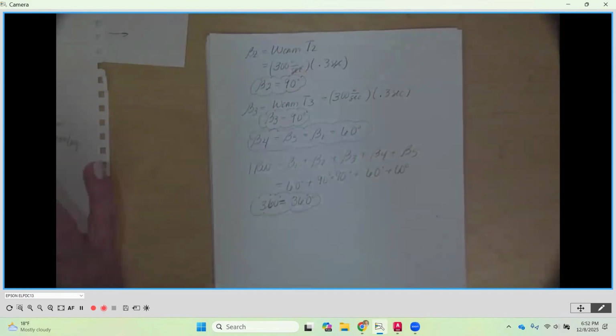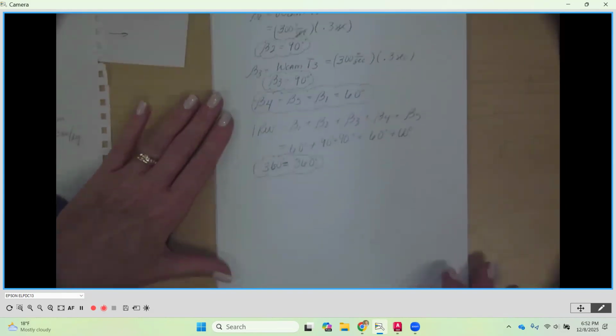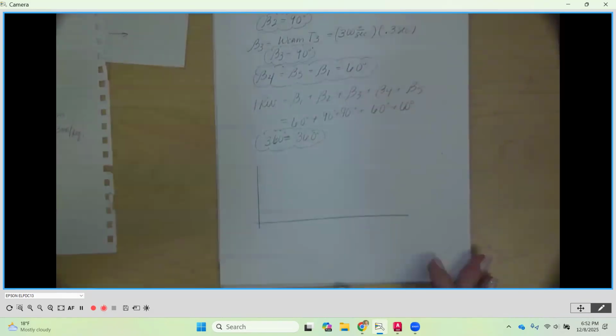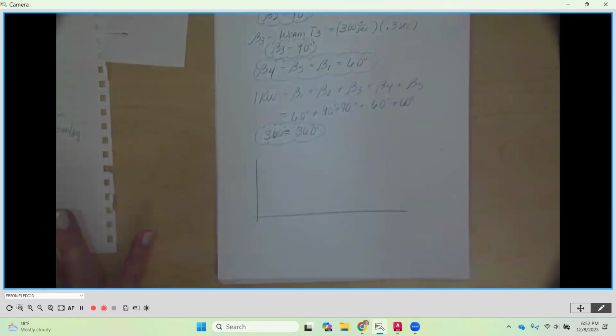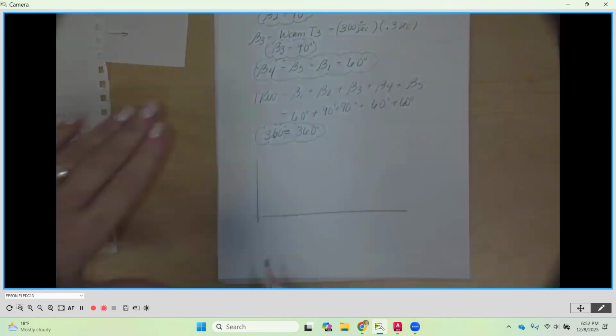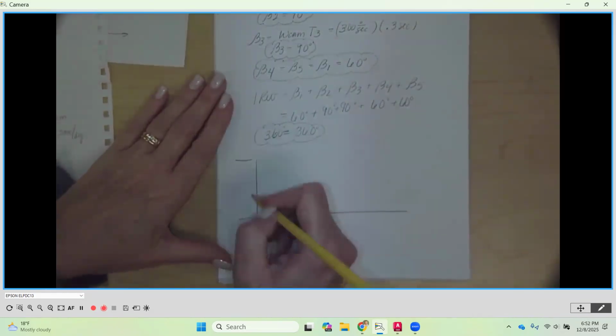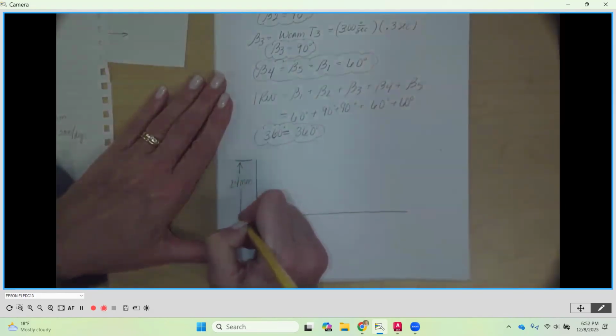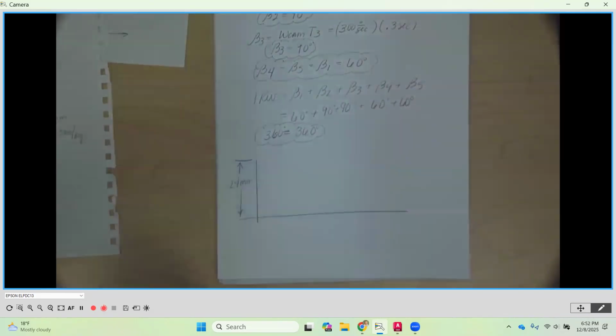Now that we have our betas figured out, the next step is to scale and figure out the size of our displacement diagram. We already know our overall height is going to be 24 millimeters, the height from 0 up.